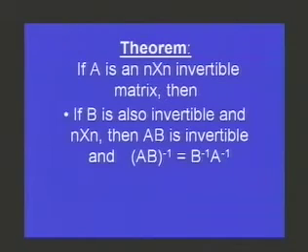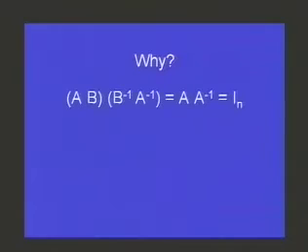The reason is because if I multiply A times B inverse times A inverse, things are not going to line up correctly. Rather, let me say it properly: the B and the B inverse are beside each other. Those two would then cancel out.